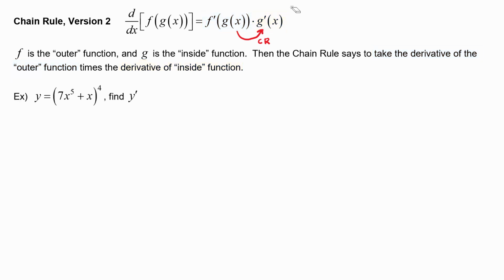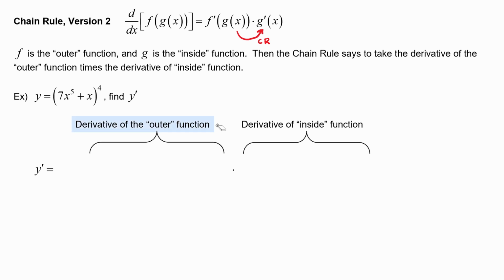In this example, y is equal to the quantity 7x to the 5th plus x raised up to the 4th power. Find y prime. Now, to use version 2 of the chain rule, what we want to do is take the derivative of the outer function. Remember, that's f prime of g of x, and then take that times the derivative of the inside function. So that will be g prime of x.